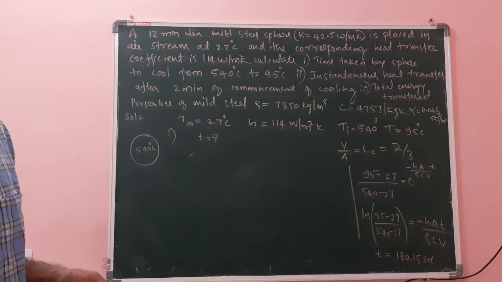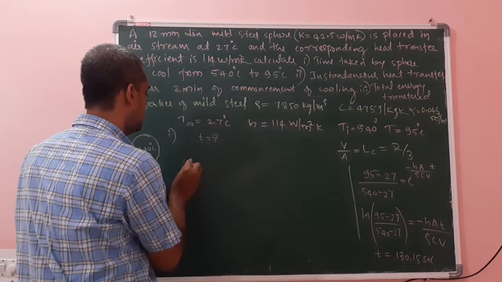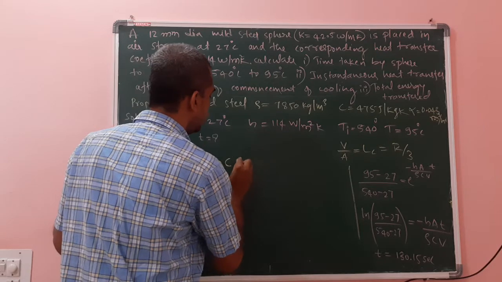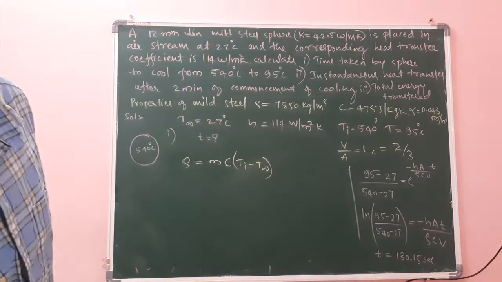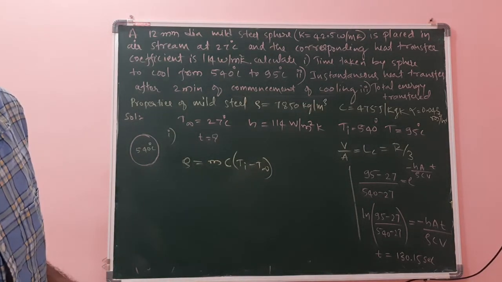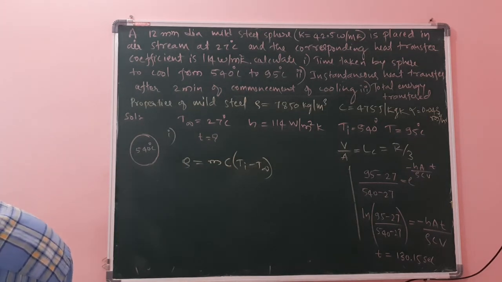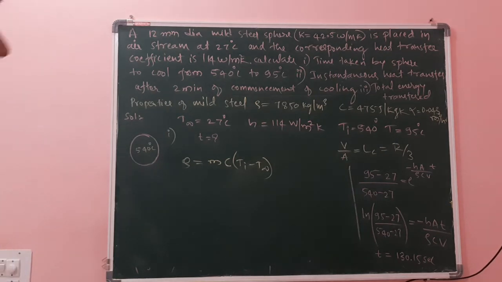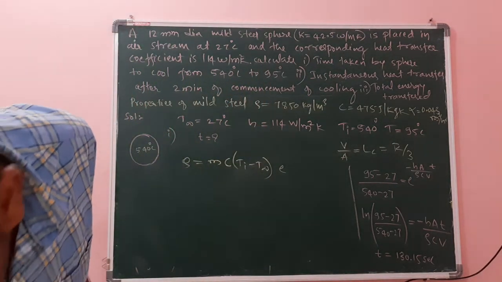Total heat transfer is nothing but m C v, or m, you can write Q total is equal to m into C into (Ti minus T infinity) into (e raised to minus hA divided by rho C V into t, minus 1).